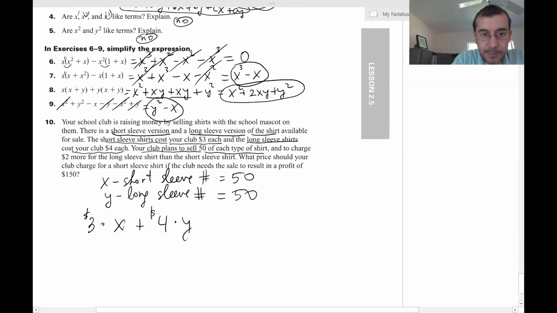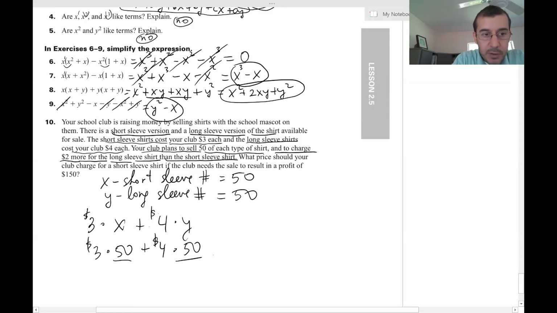So $3 times 50, the number of short sleeve shirts, plus $4 times the number of long sleeve shirts, and to charge $2 more for the long sleeve shirt than the short sleeve shirt.